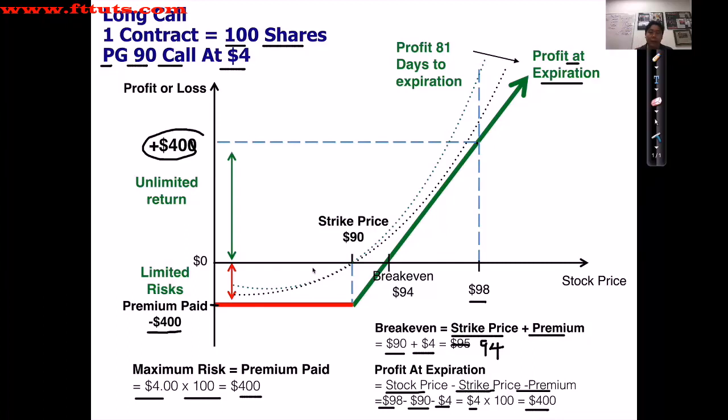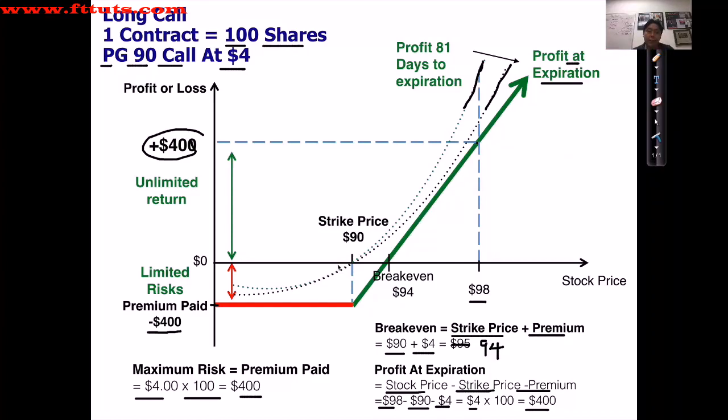The next thing you have to understand is, now besides this line that you see, notice you see these dotted lines over here. You've got this dotted line over here and this dotted line over there. So what are these lines? Now, the moment you buy the option, in this case, you have got about 70 days to expiration.